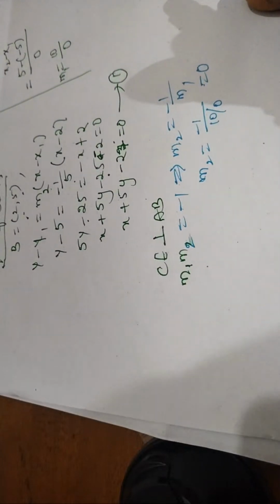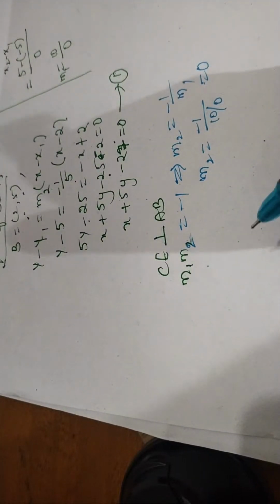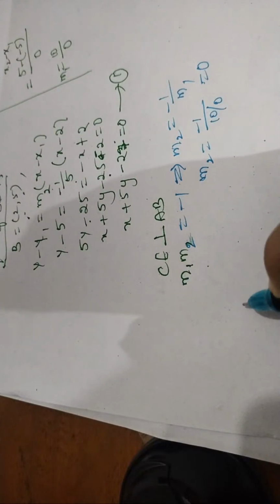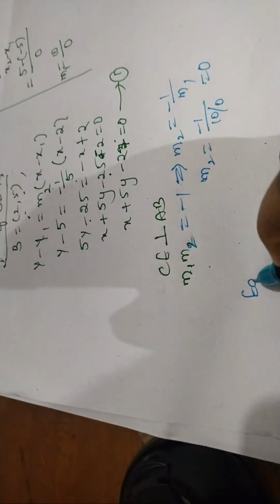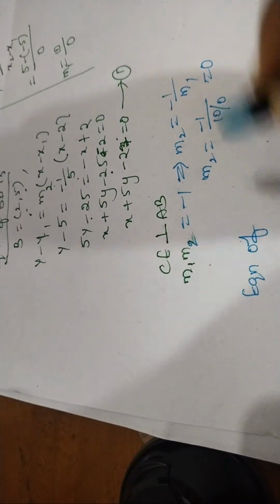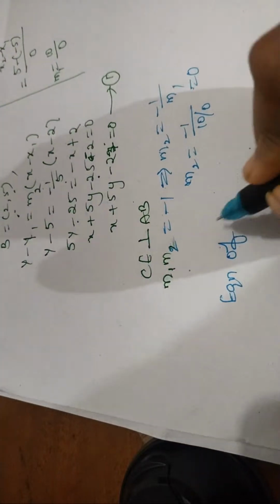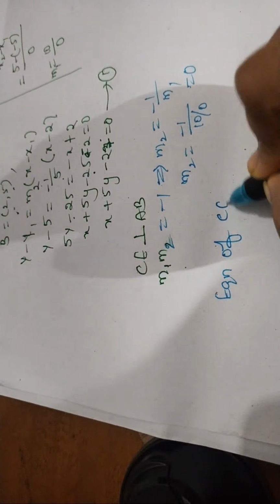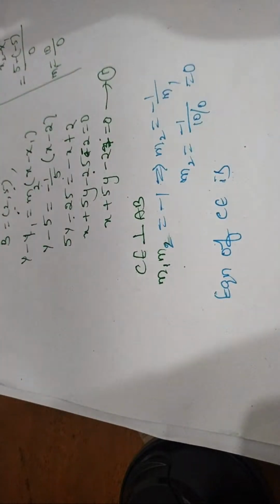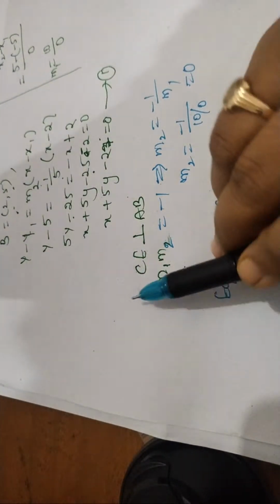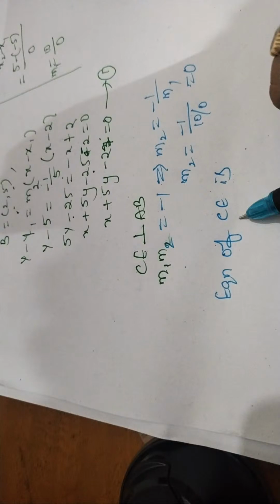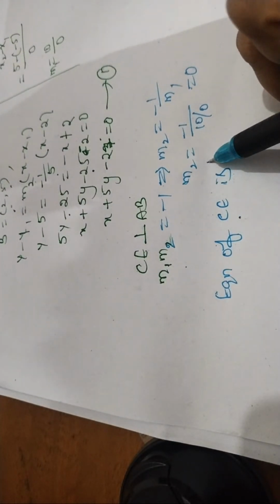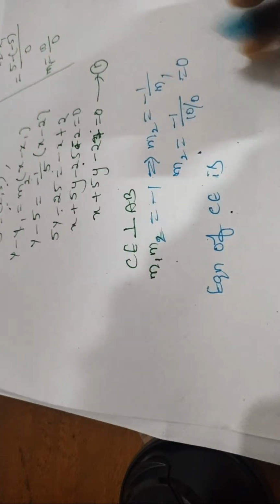Now we need to find the equation in this case. So the equation of CE is, as I already taught, when we know only one point and the slope.